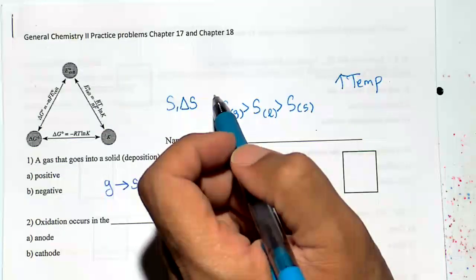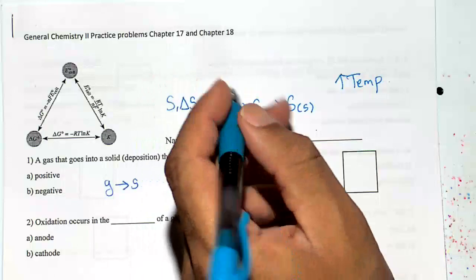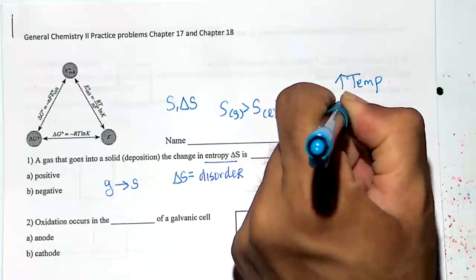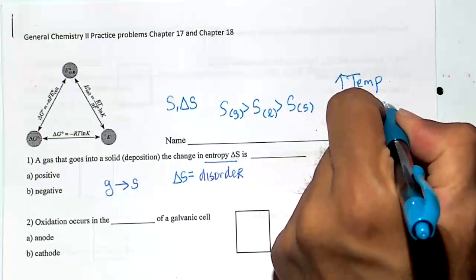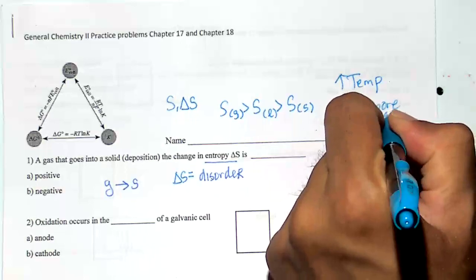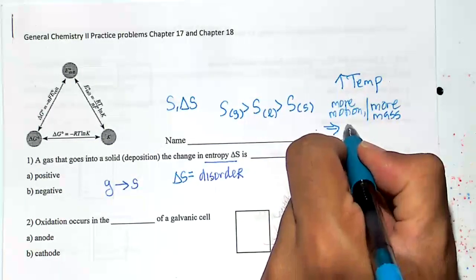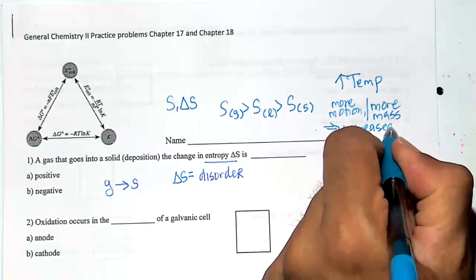A gas has a lot of motion, right? I'm talking about it from a molecular standpoint. So we're looking at more motion, more mass, all of these things, and an increased temperature give rise to an increased entropy.